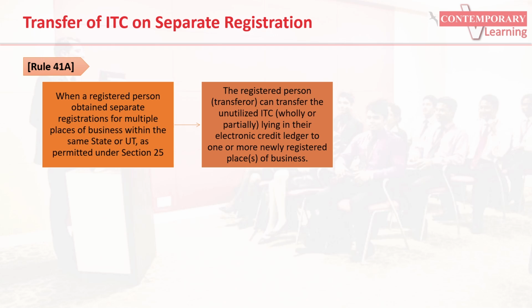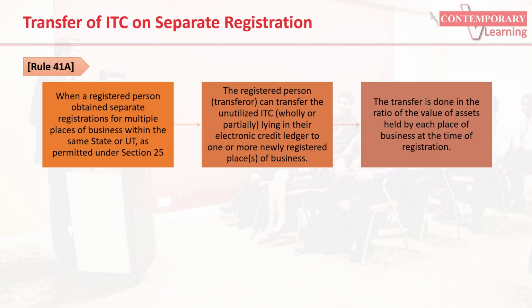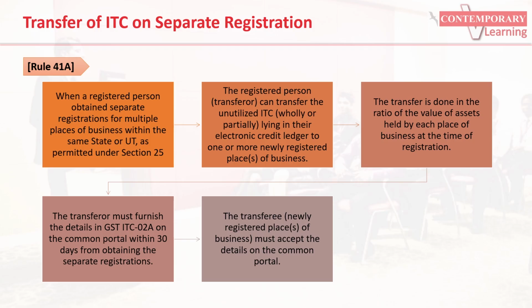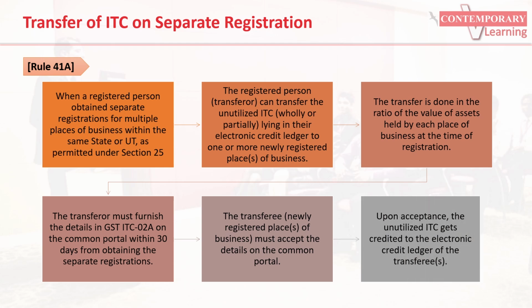The transfer must be in the ratio of asset values held by each place of business at the time of registration. You must furnish details in Form GST ITC 02A within 30 days of obtaining separate registrations. The transferee locations must accept these details on the common portal, after which the ITC gets credited to their electronic credit ledgers.